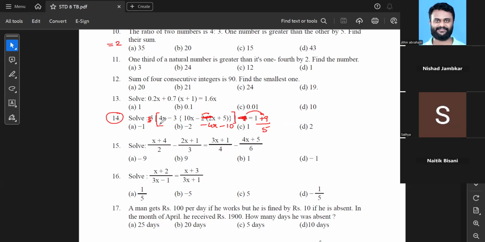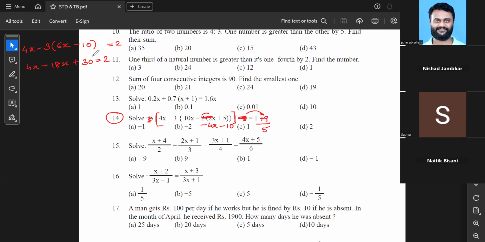The LHS will be having what? 4x minus 3 in the bracket. 10x minus 4x gives you 6x. Then you have minus 10. This is your expression. Now further, when you simplify, you'll get 3 into 6, 18x, minus minus plus 3 into 10, you have 30, is equal to 2.